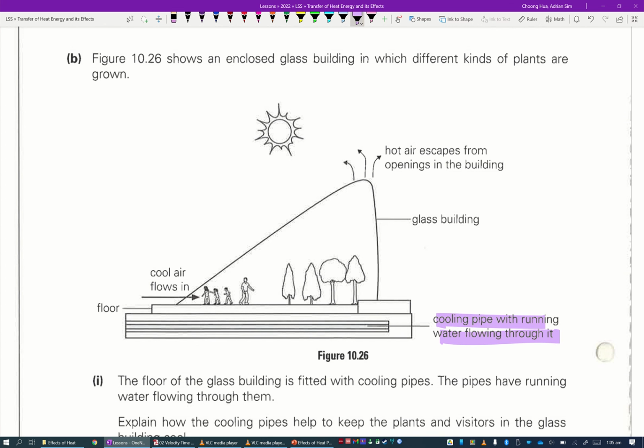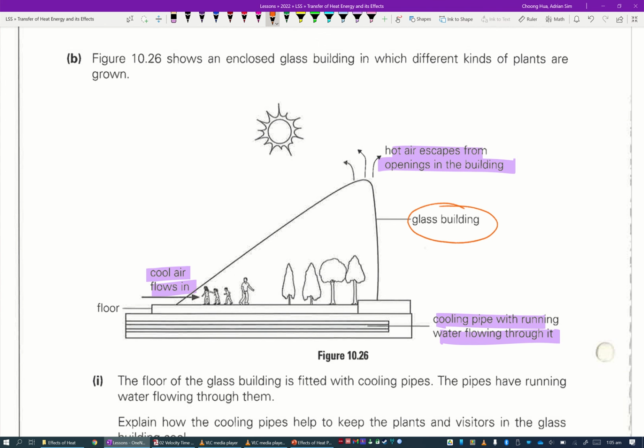You ask yourself, why is it cooling, right? The hot air escapes from the top and the cool air flows in from the side. And most of you are distracted by this glass building, right? If you look at it carefully, it's kind of a distraction because the glass building doesn't really play a part in the idea of physics here.